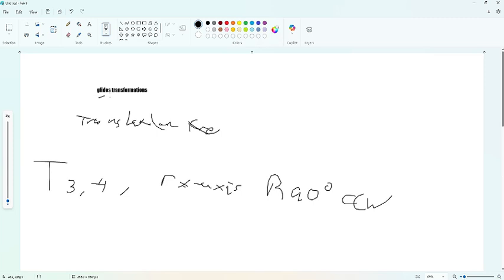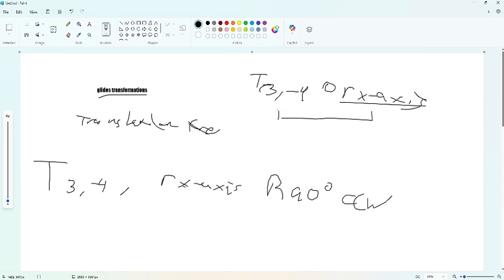And you would write these as this little thing. So if you were to do a reflection first, you would put it on the right side, reflection over the x-axis, and you would do a translation after, 3, negative 4. So the reflection goes first, then translation 3, negative 4.